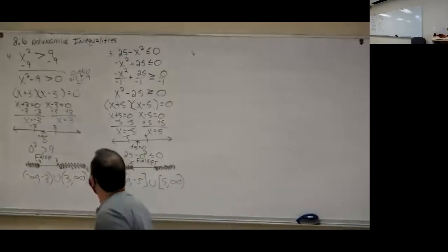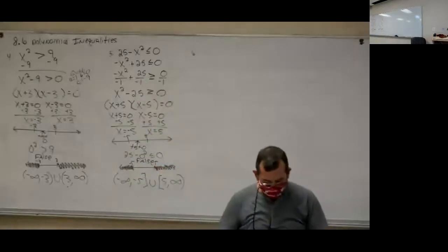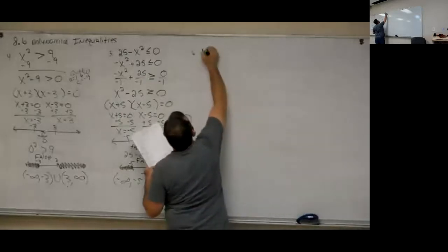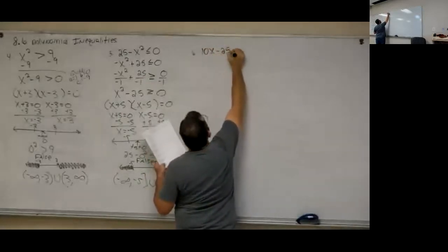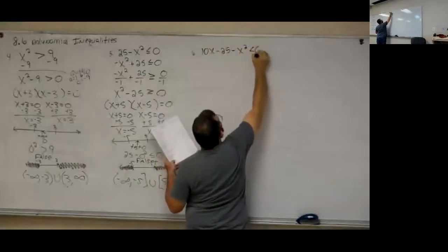So notice they've already went out of order on me with this one. The next one is sort of out of order again. 10x minus 25 minus x squared is going to be less than 0.